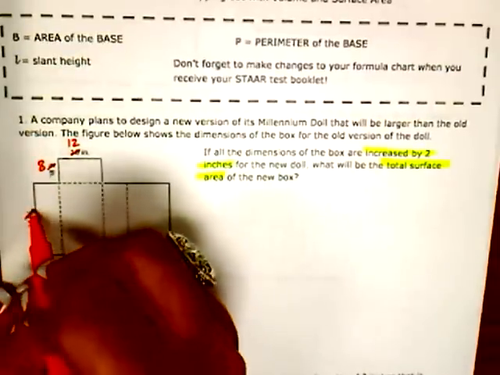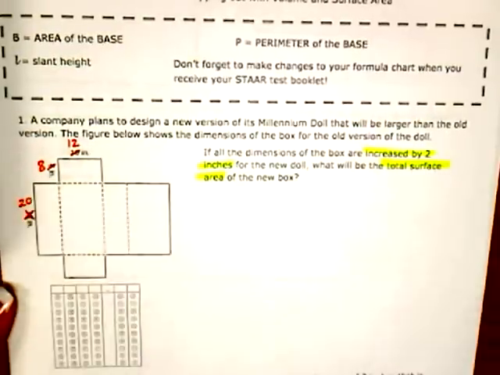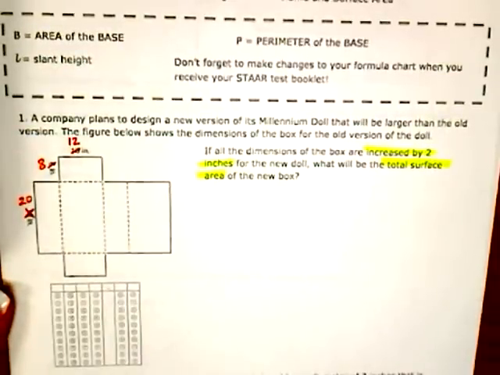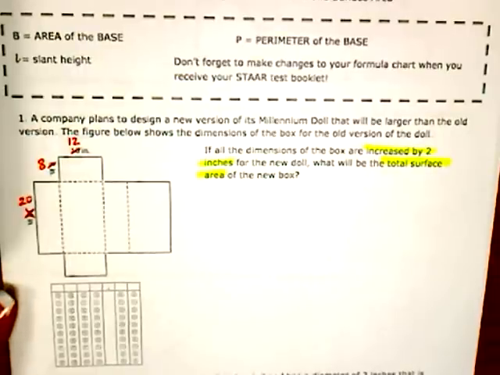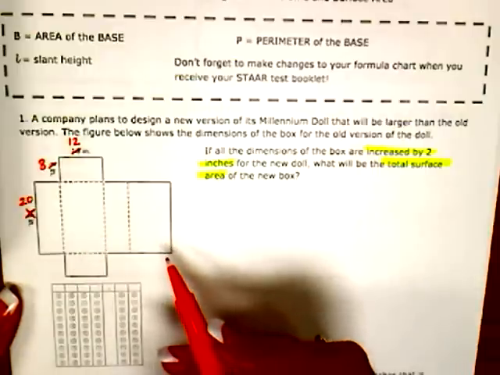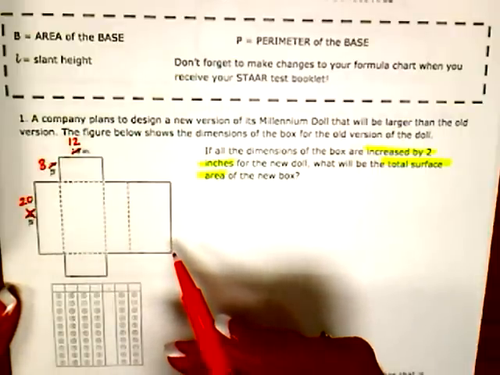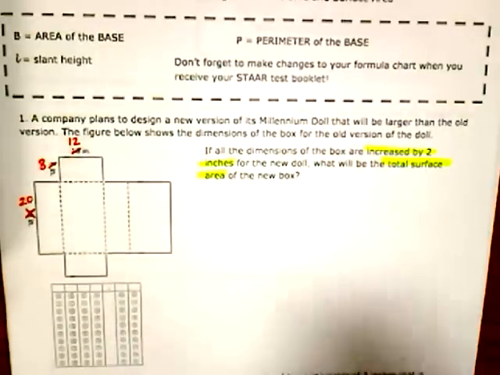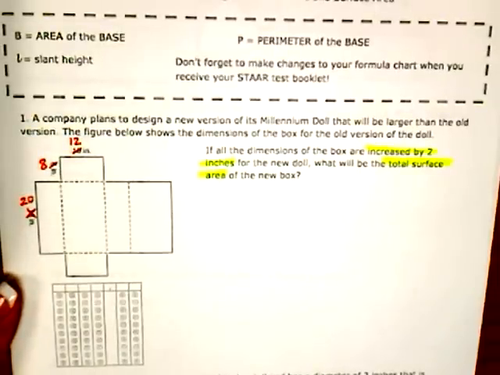And over here, instead of 18, I'm going to have 20 inches. Now, when I have a net, which is essentially a three-dimensional figure that has been unfolded and laid flat, the easiest way to find the surface area is to take the area of all of the different shapes and add them together.